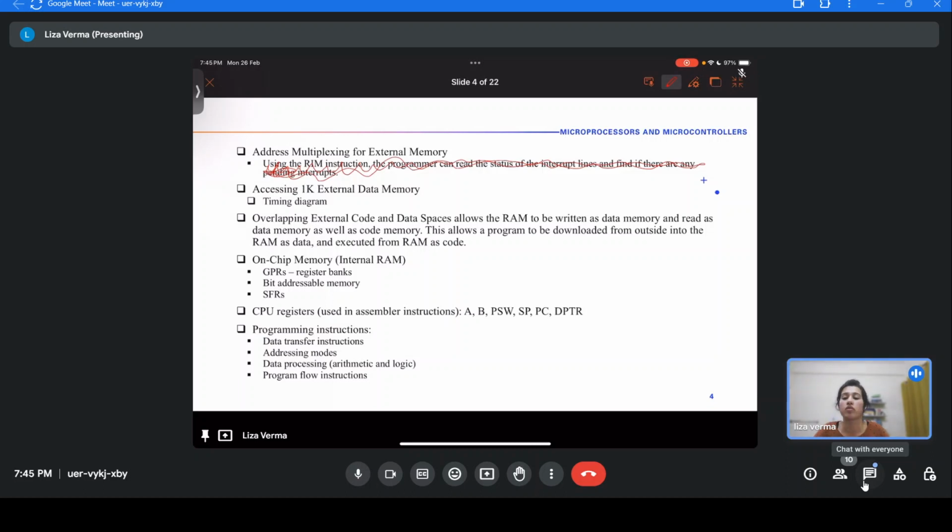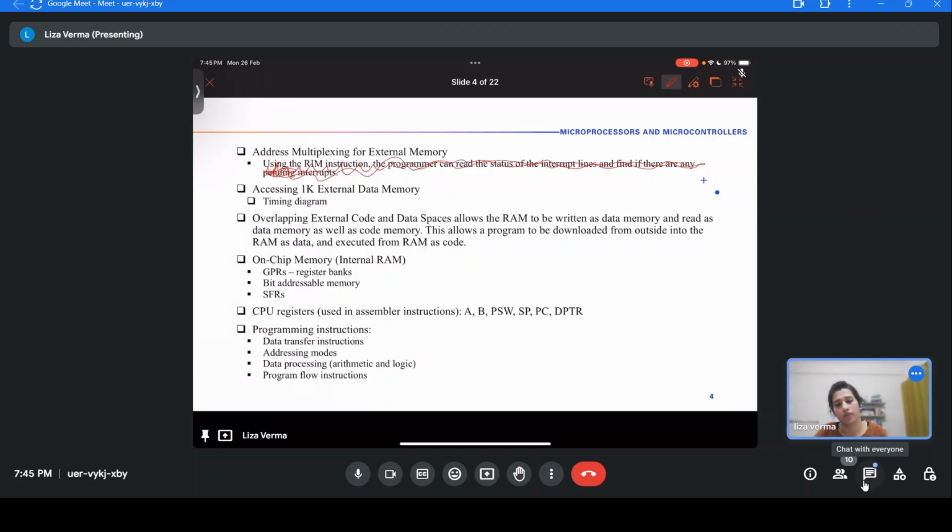Overlapping of external code and data spaces means ROM and RAM. These spaces allow the RAM to be written as data memory and read as data memory as well as code memory. So this allows the program or the code to be downloaded from outside into the RAM as data.